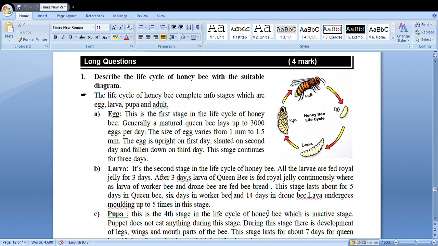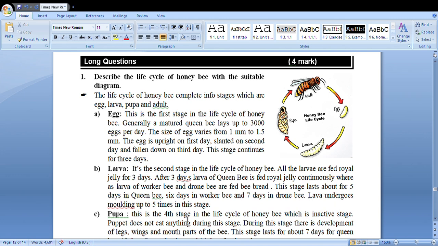So larva stage lasts for about 5 days in queen bee, 6 days in worker bee and 7 days, not 14, sorry, by mistake, 7 days in drone bee.